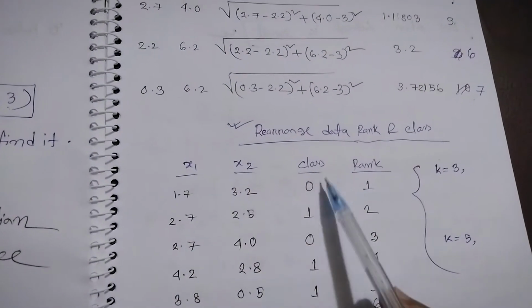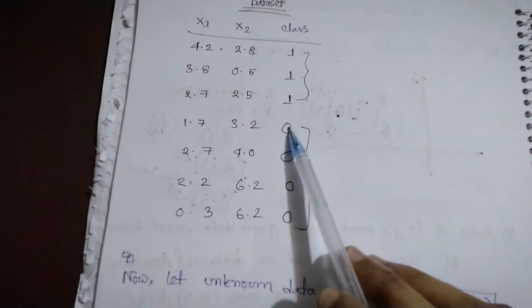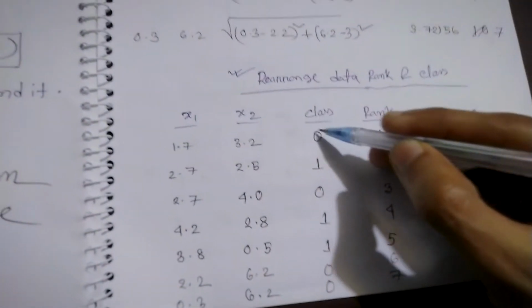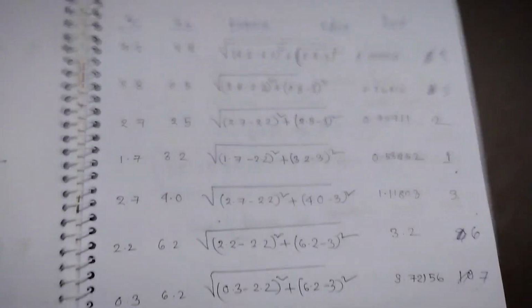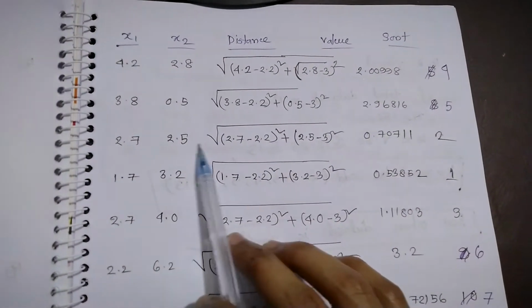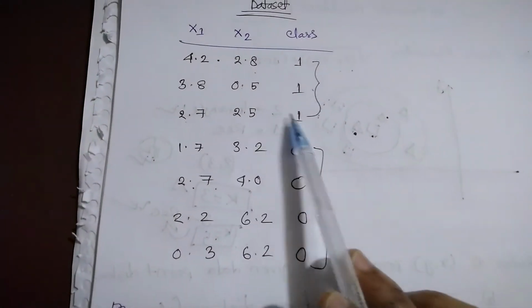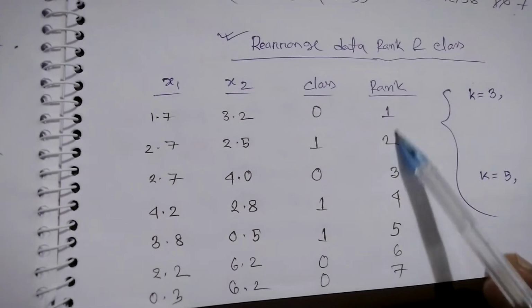This class is coming from this class. 1.7 and 3.2 belong to 0 class according to our training data set. So add it here. Now 2.7 and 2.5 rank is 2. Let's see, 2.7 and 2.5 belongs to class 1, and its rank is 2.